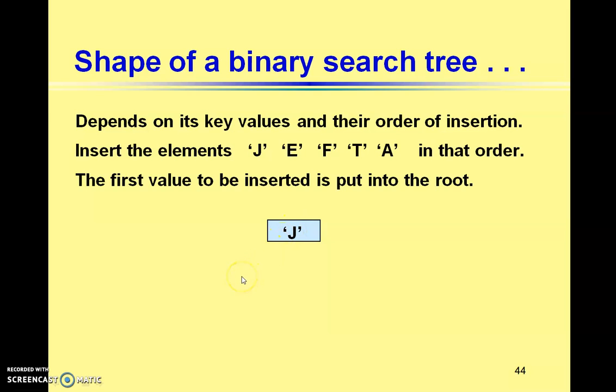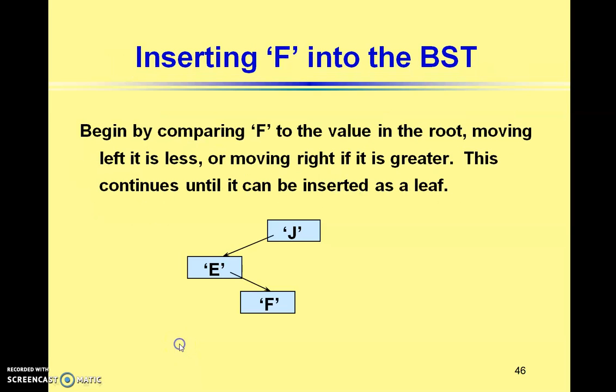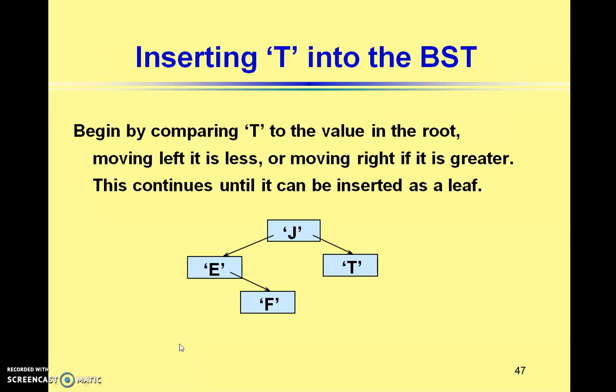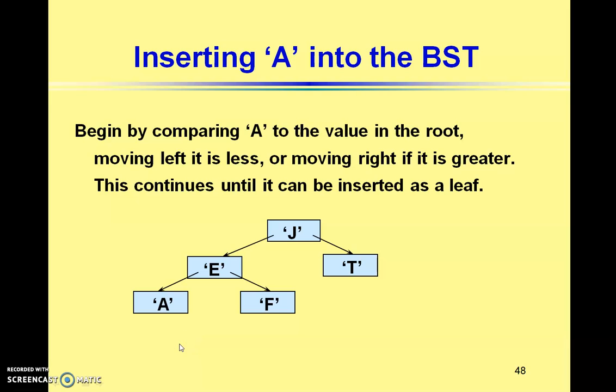It would be to the left of J, but if this is E down here, it would be to the right of E. Does that make sense? T is greater than J, and A would be to the left of J and to the left of E. Does that make sense?